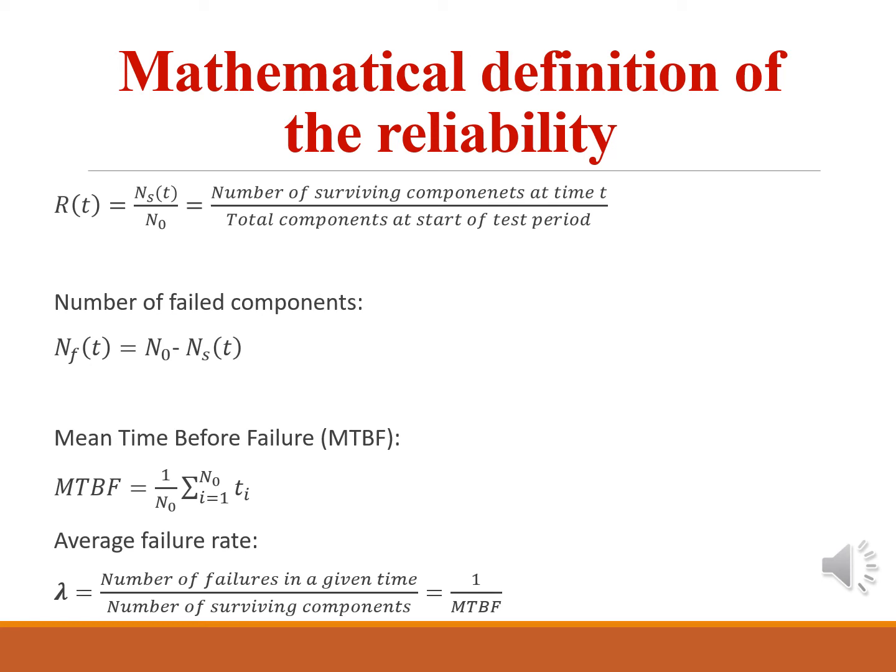So the average failure rate can be calculated as the number of failures in a given time divided by the number of surviving components. The probability of a device failing therefore has an exponential relationship to the MTBF and is represented by the right hand end of the bathtub curve.